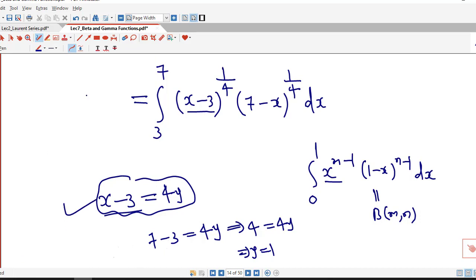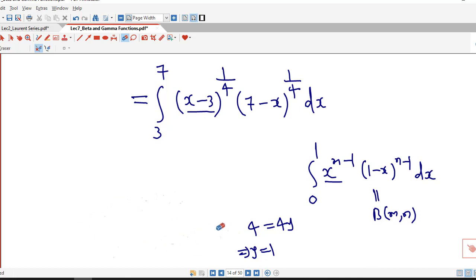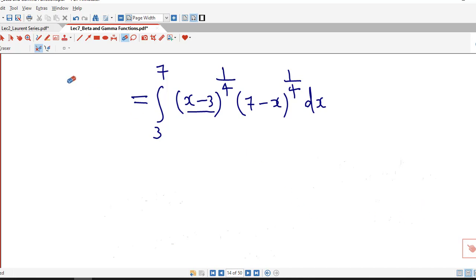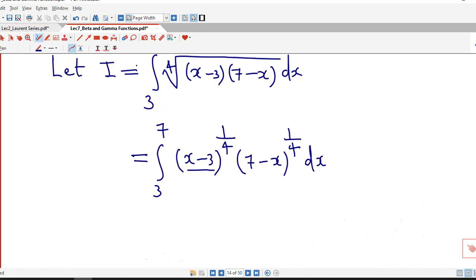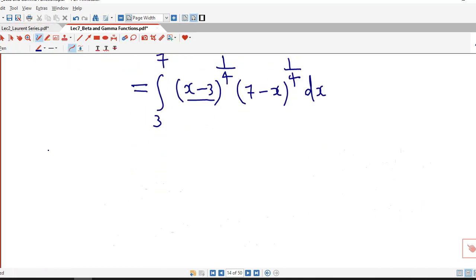So we will try this substitution, x − 3 equal to 4y, to convert the given integral in terms of the beta function. So we consider this change of independent variable from x to y as x − 3 equal to 4y.